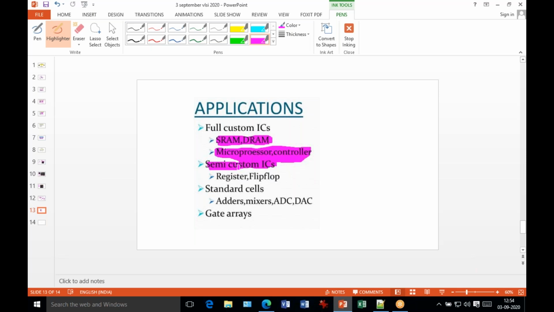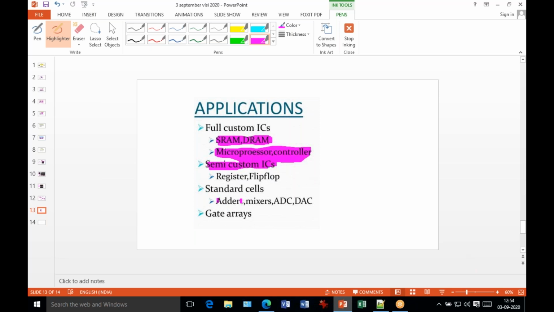That is semi-custom. Semi-custom means you are utilizing the standard library available in your software, the EDA tools or CAD tools. So in all the semi-custom ICs, you are designing some registers or flip-flops. Parts of these circuits are based on BiCMOS.